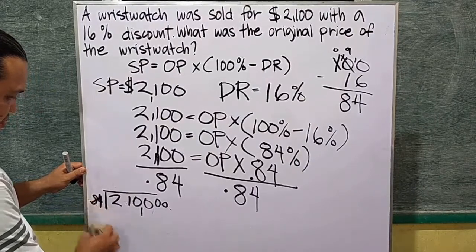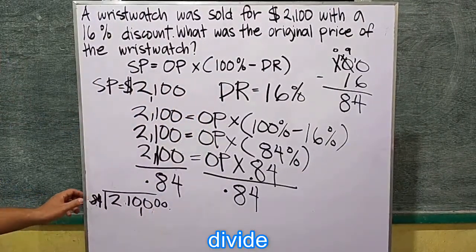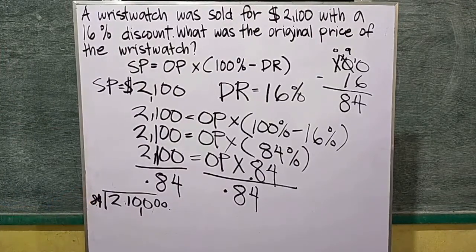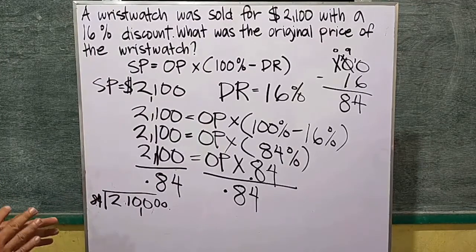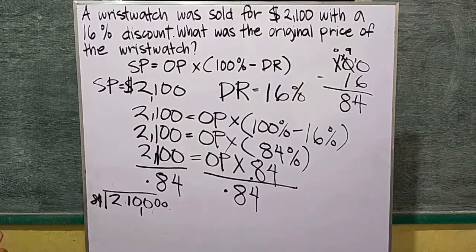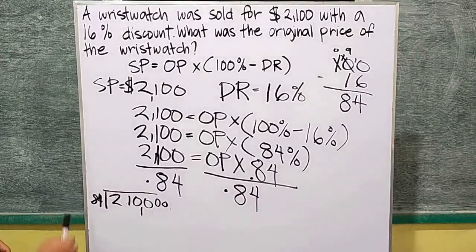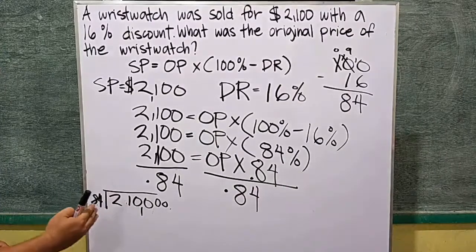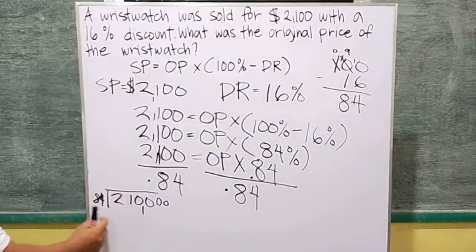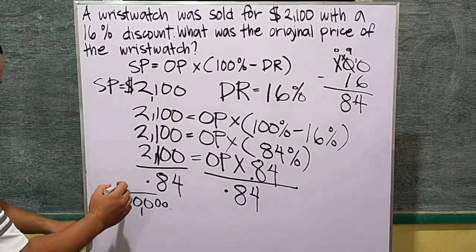So we have now 210,000 divided by 84. So we are now dividing two whole numbers. So let's divide. 21 divided by 84 cannot be, so let's add another digit. So it becomes 210. Now 210 divided by 84. Let's try 2.